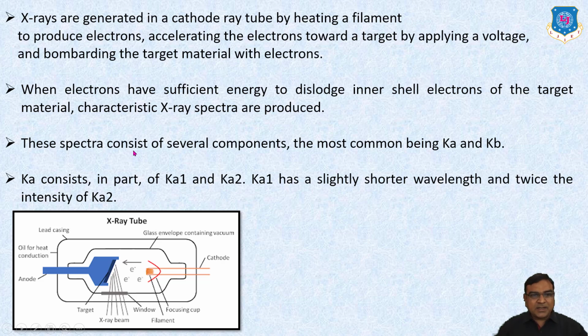These spectra consist of several components, the most common being K-alpha and K-beta. K-alpha consists in part of K-alpha1 and K-alpha2, and K-alpha1 has a slightly shorter wavelength and twice the intensity of K-alpha2. So this is the anode, and these are the X-ray beams. Here are the cathode, focusing cup, filament, and this is the target material.